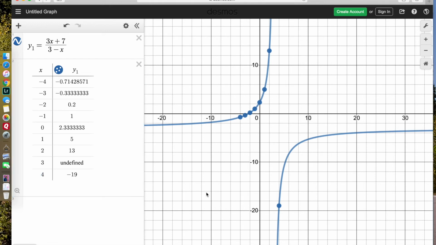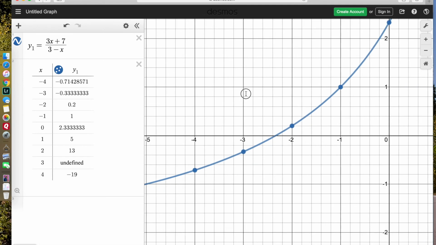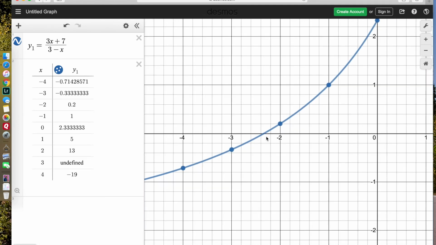Now when I look at number 17, it's saying things like, show that the function has at least one zero on the interval -3 to -2. Well, I can zoom in and say, okay, my eyeballs see a zero between -3 and -2.